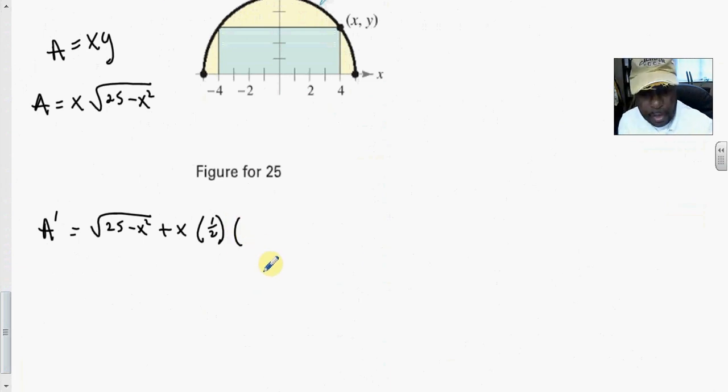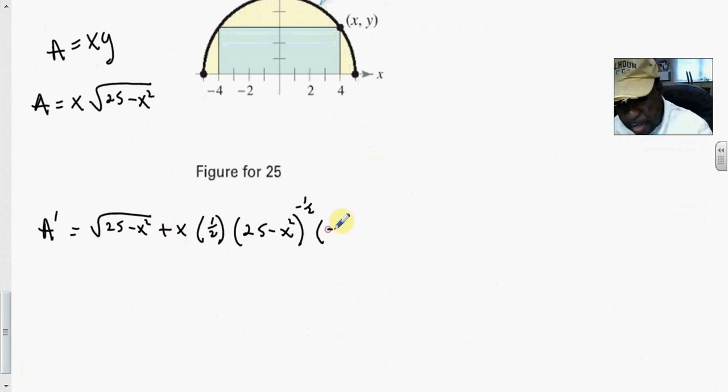Well, actually, I did need that parentheses. So this is 1/2 times 25 minus x squared to the negative 1/2 times the derivative of the inside, which is just negative 2x. Simplify like Superfly.